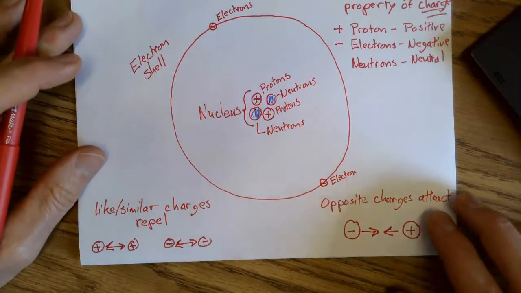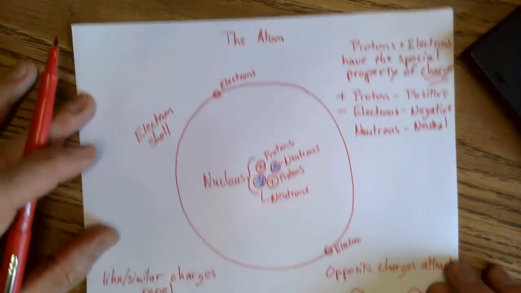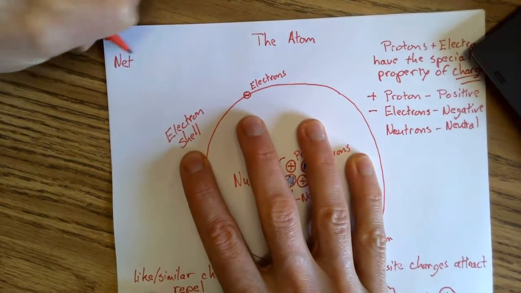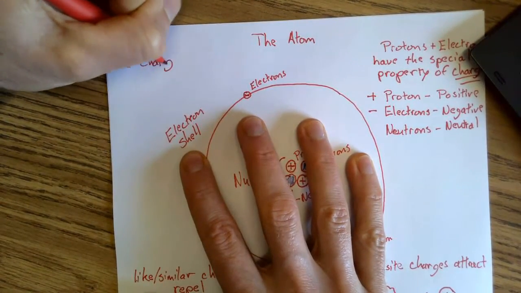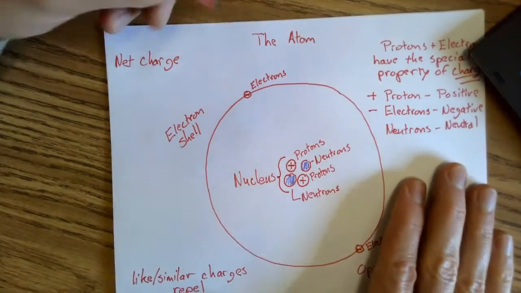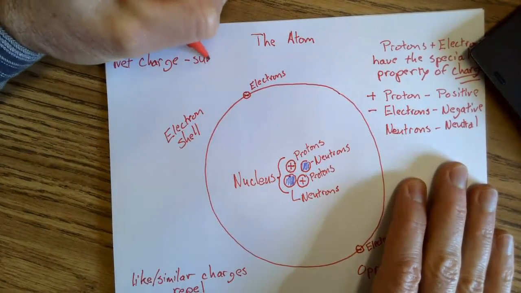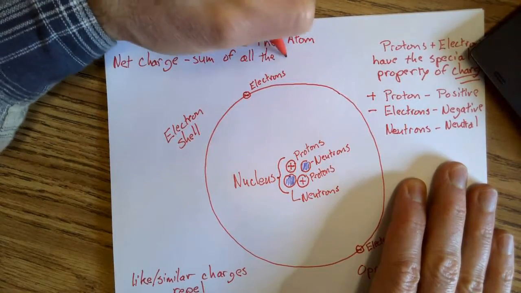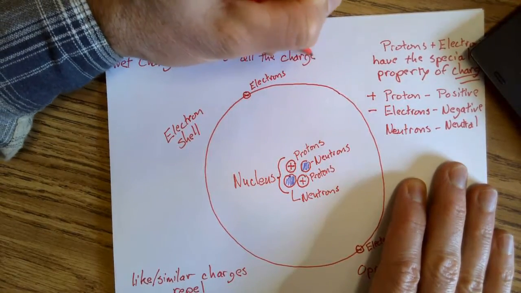One last thing here. In this top corner, let's write down net charge. What in the world is net charge? Well, the net charge is the sum of all the charges.